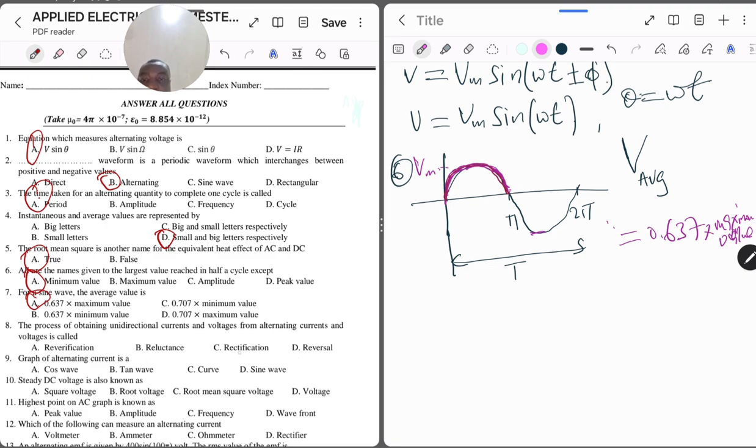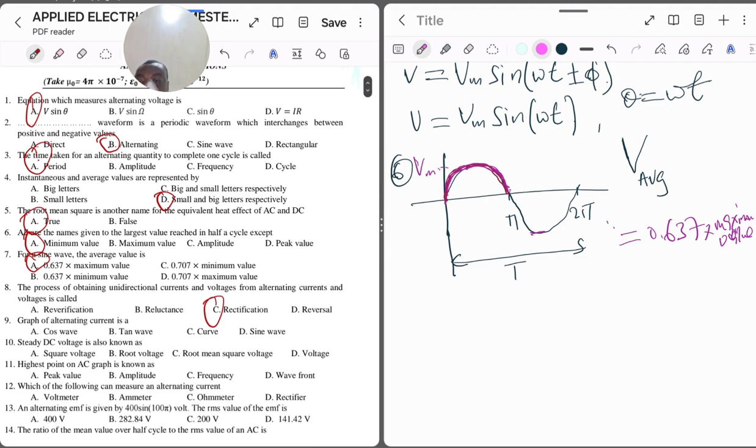A is reluctance, B is reluctance, C rectification, D reversal. So the answer here is C, rectification, right? It's a process by which you convert an alternating voltage to a direct voltage. So that's rectification.